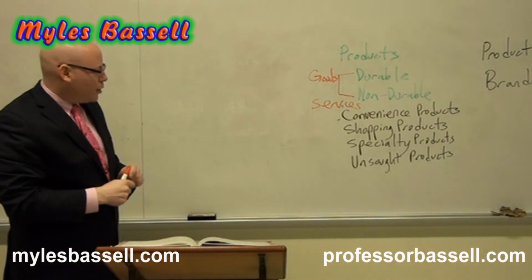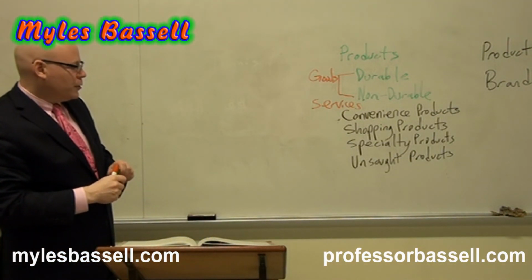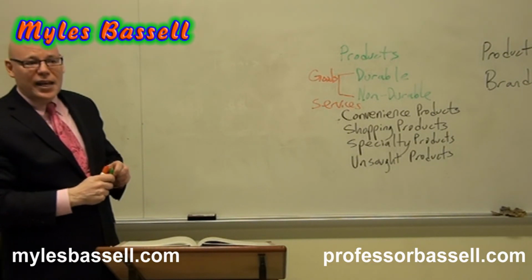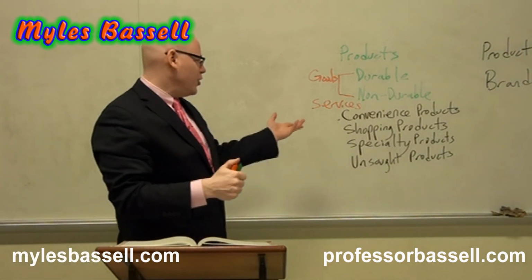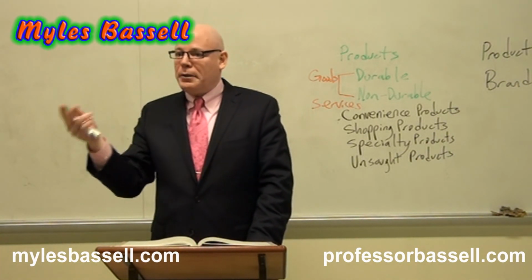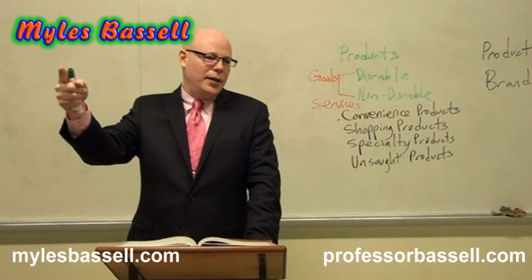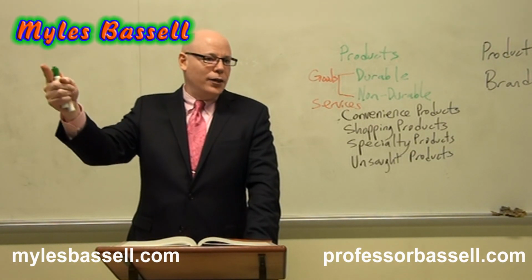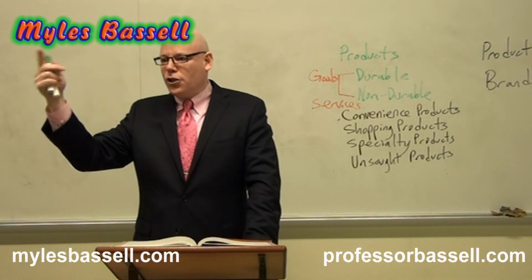And what about shopping products? What's the difference? Pretty much it's almost the opposite of a convenience product. Something that we buy much less frequently, and something that we generally spend a lot of time researching before we make a purchase.